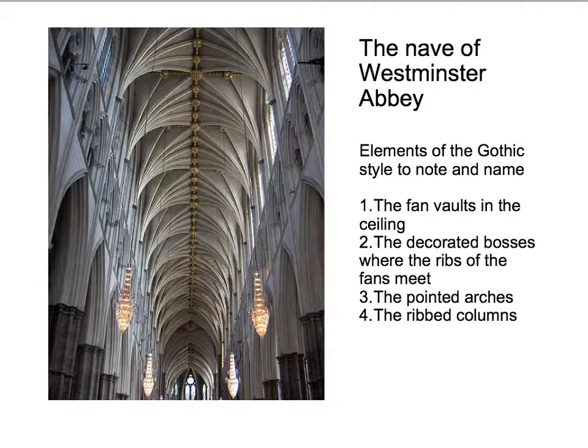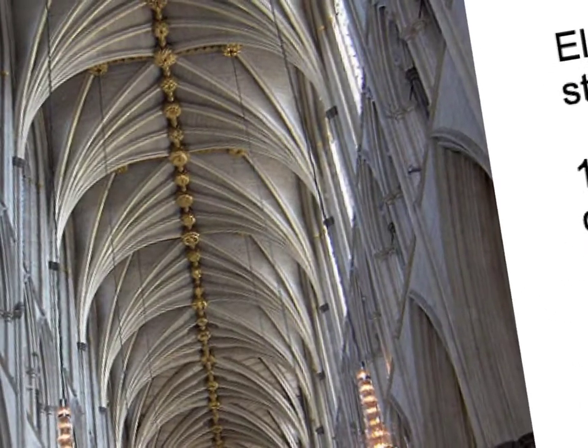It is an excellent example of those elements in a design that can be called the Gothic design. First of all, you can see the fan vaults in the ceiling. That is known as a fan vault, these ribs that fan out from the columns in order to support the roof.